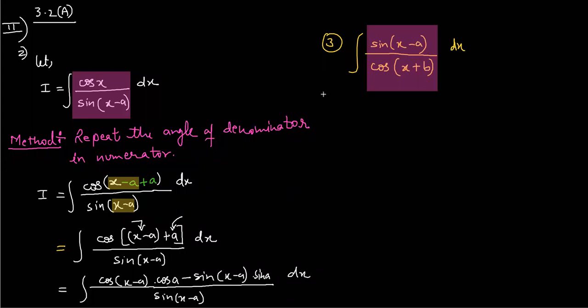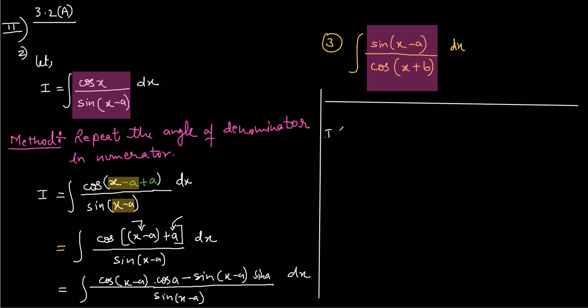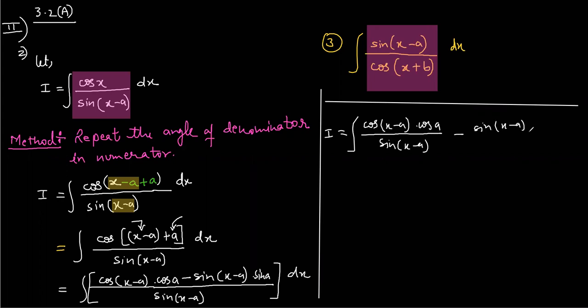After this, what I do, students, I will split the denominator. So I will get I equals to, dividing separately, cos of x minus a into cos a divided by sin of x minus a, minus sin of x minus a into sin a divided by sin of x minus a, dx.